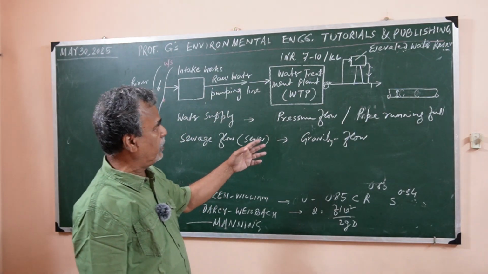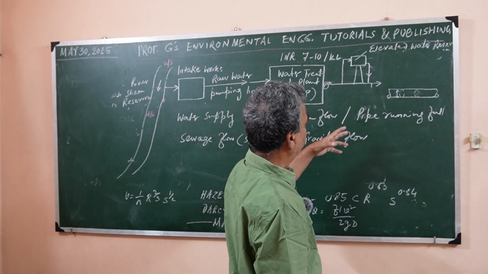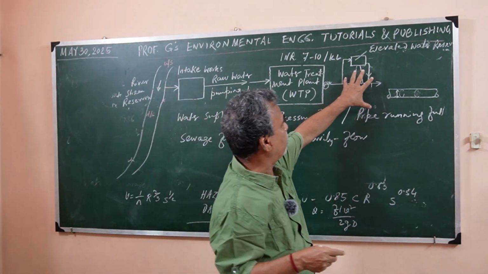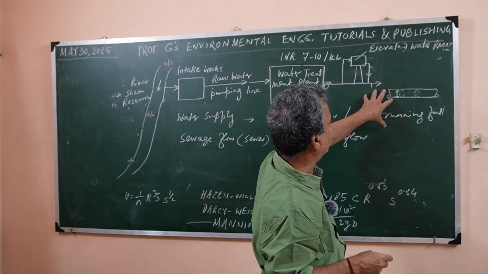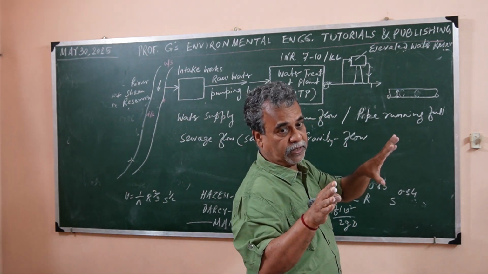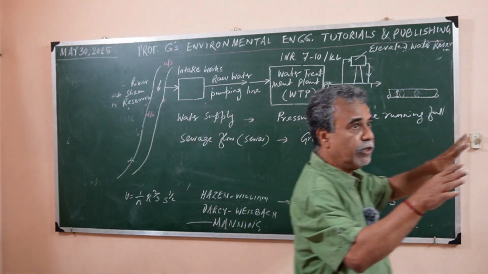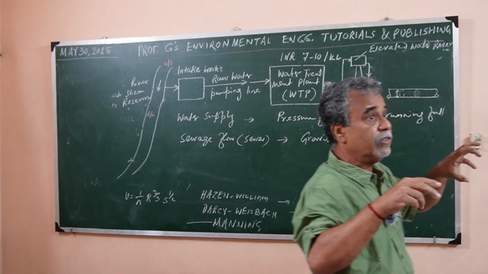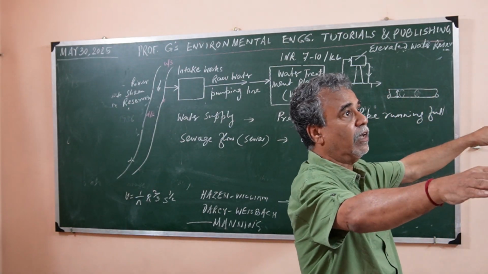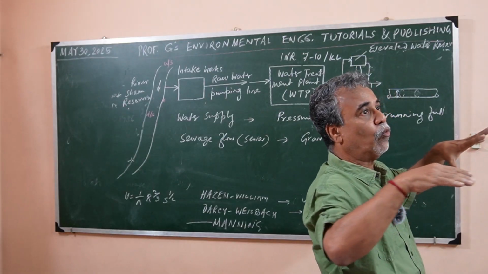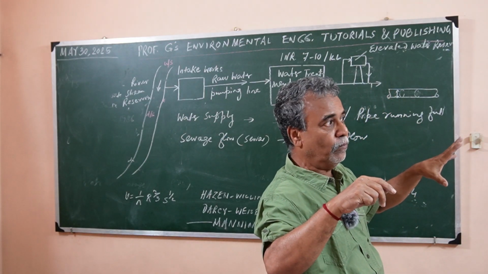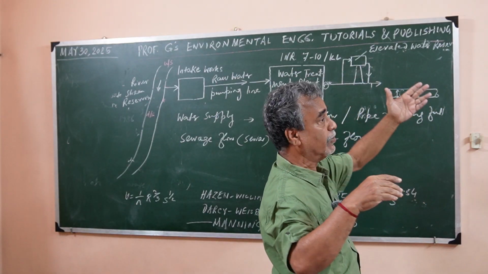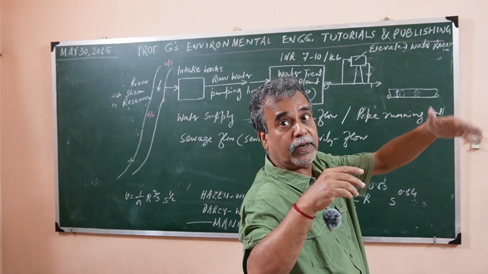In pressure flow in the water supply system, immediately downstream of the reservoir the pressure is greater. As it proceeds, the pressure is reducing because it keeps distributing the flow, and naturally the discharge diminishes as it proceeds away from the reservoir to the farthest end of the pipe network.